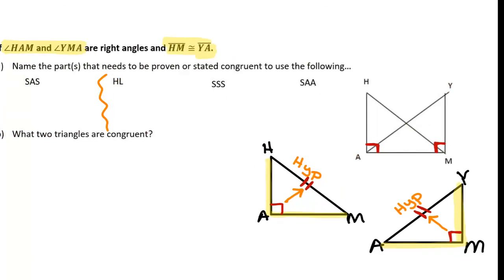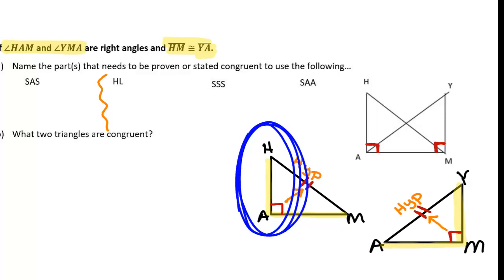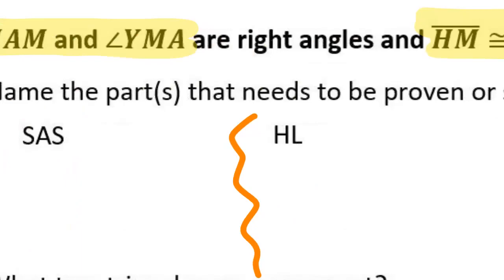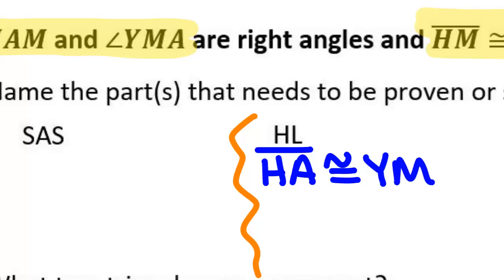Then I would need to show that corresponding legs of these two triangles are congruent. So HA, what would that correspond to on the other triangle? YM. So if I could show that HA is congruent to YM, then I could use hypotenuse leg.